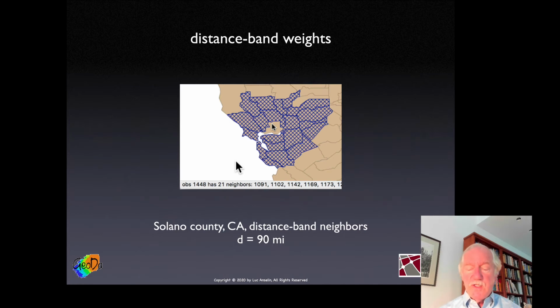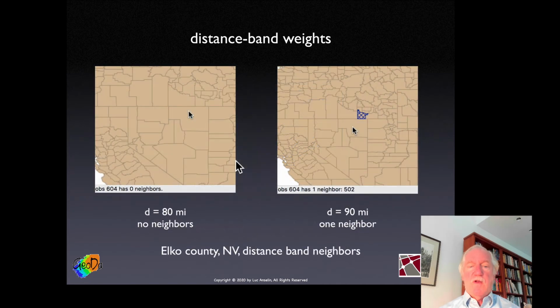Okay, this critical distance is actually pretty critical, and this is my favorite example. Elko County, Nevada. I've actually driven through there several times. Elko County, just as an aside, is known as a gold mining town. It's in the middle of nowhere, and this is reflected in this example.